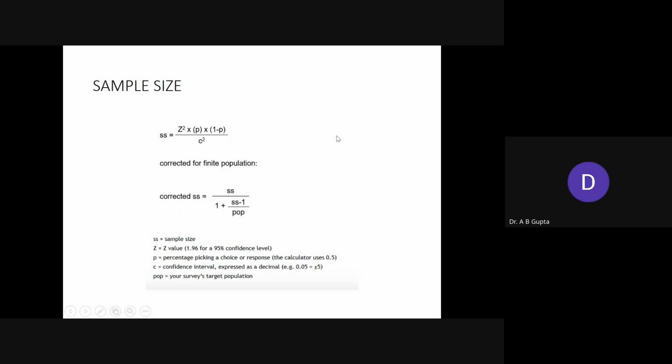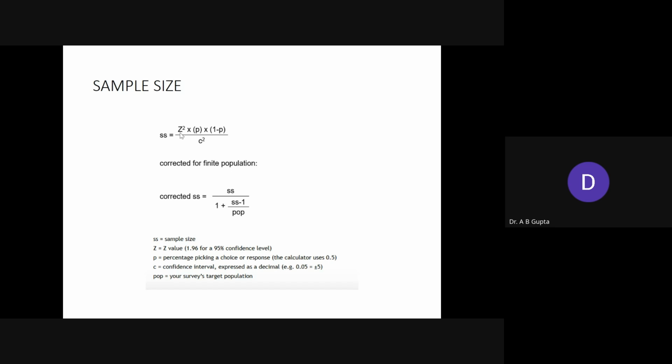It depends whether your population is infinite or finite. If the population is infinite, you will use the formula given at the top: sample size is equal to Z square multiplied by p multiplied by 1 minus p divided by c square. Z value is your confidence level.